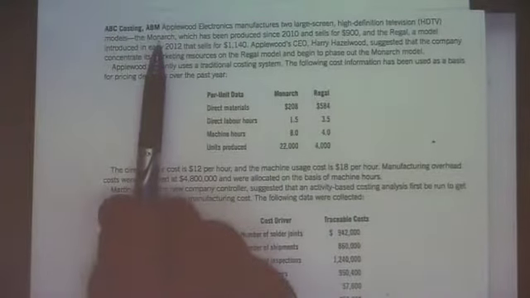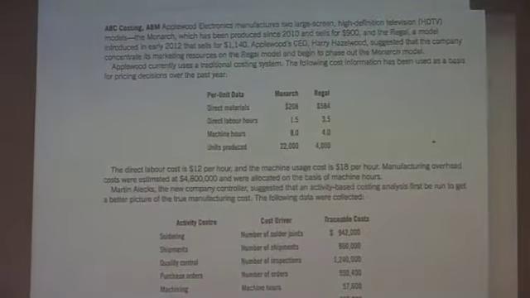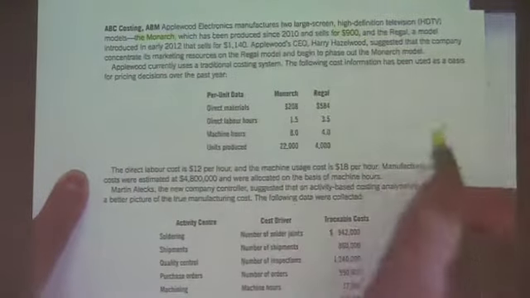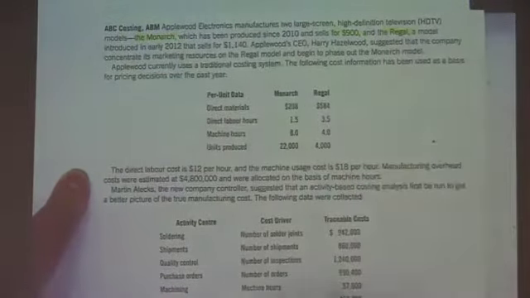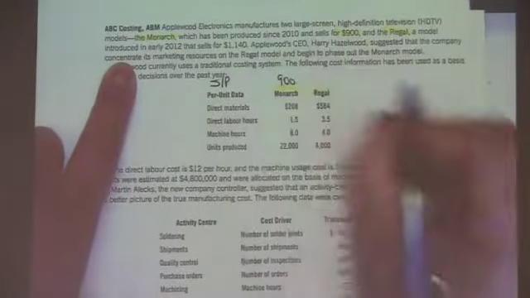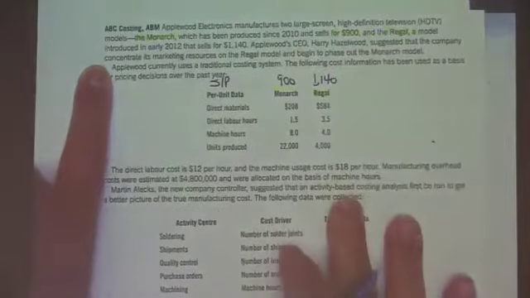The Monarch, which has been produced since 2010, sells for $900, so let's highlight that. And the Regal, so there's 2 products, Monarch and Regal. Let me write down here the sales price, just to make it easier for me to find it. And Regal was $1,140. That's the sales price.